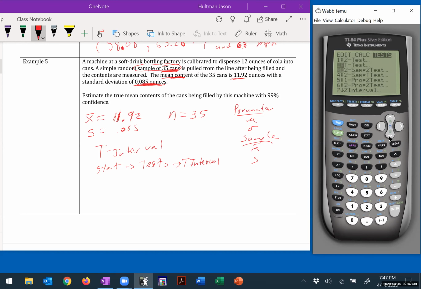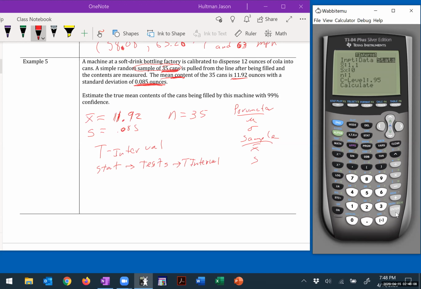And that is number 8. They are all the way down at 8. I get T interval, which is 8. I don't have any data to plug in. I only have statistics. Data would be the raw data. I don't have raw data. So I'm going to use stats, and I'm going to hit enter for stats.